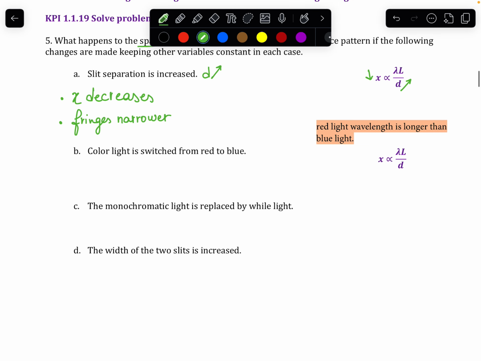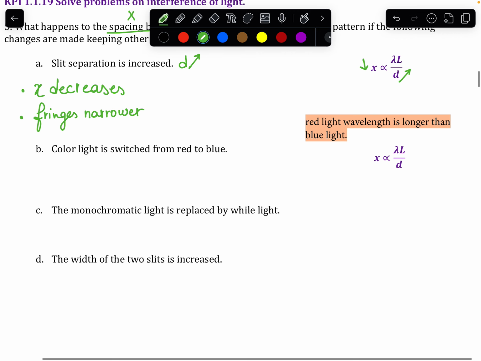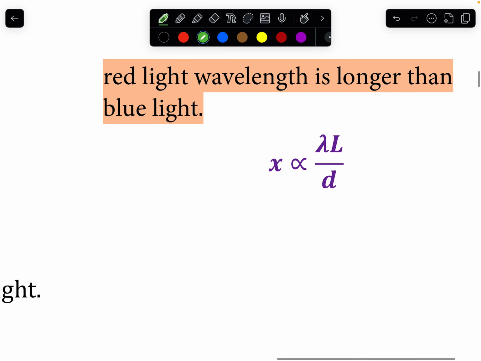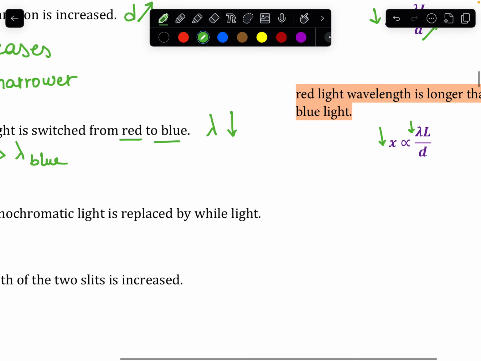B, the color of light is switched from red to blue. So the lambda of red is bigger than the lambda of blue. So by switching from red to blue, this means that the wavelength has decreased. And when I decrease the wavelength, by keeping L and d constant, x and lambda have a direct relationship.